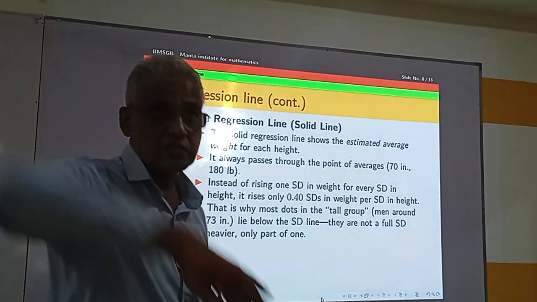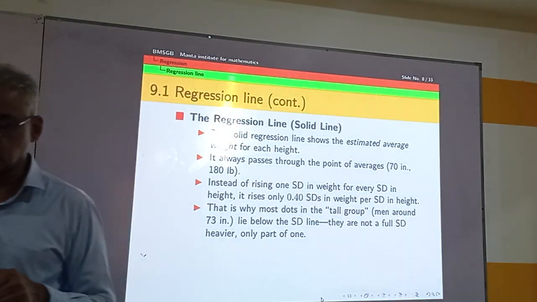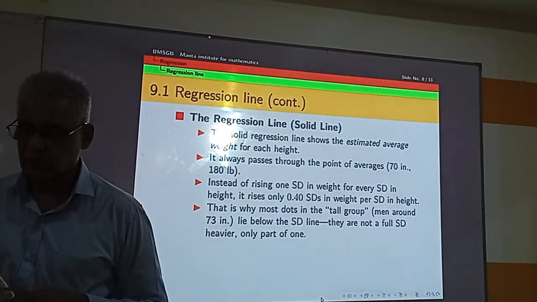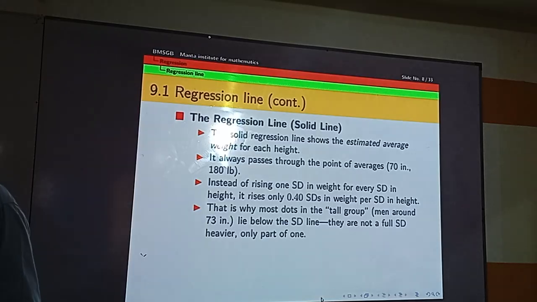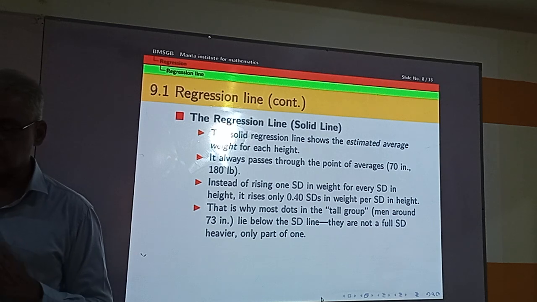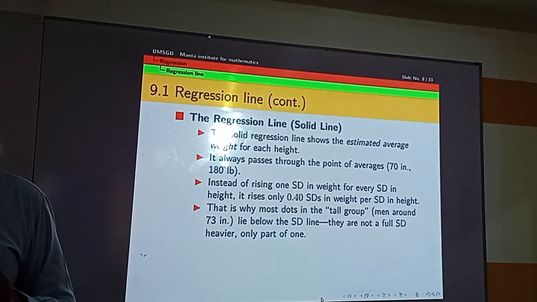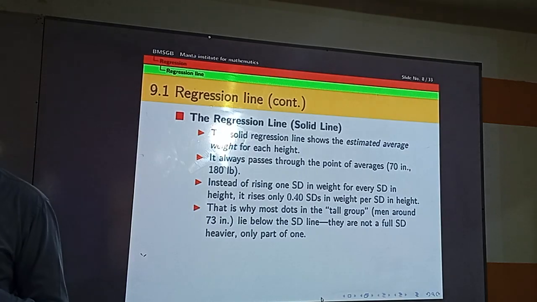Both the SD line and the regression line go through the x bar, y bar point. So instead of rising 1 standard deviation in weight for every standard deviation in height, it rises only 0.4 times the standard deviation in weights per SD in height.